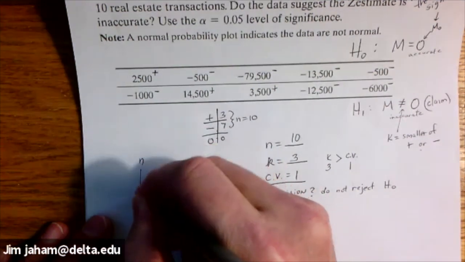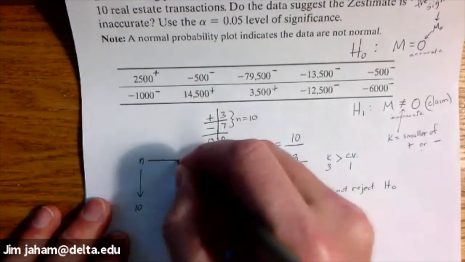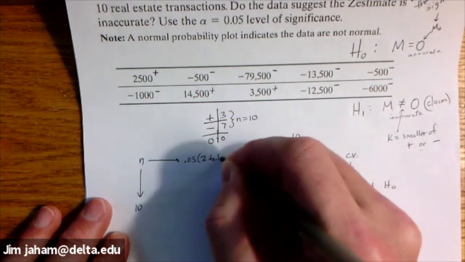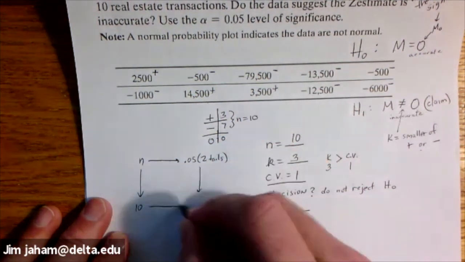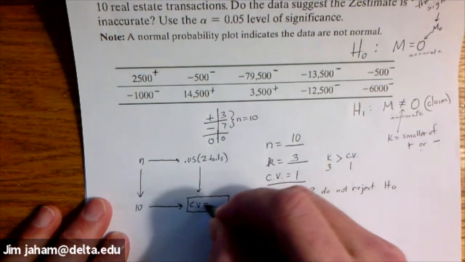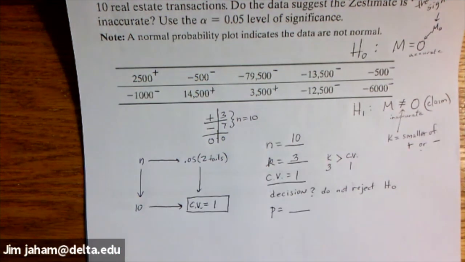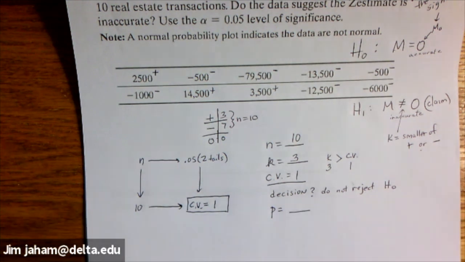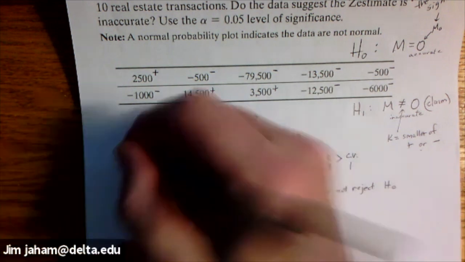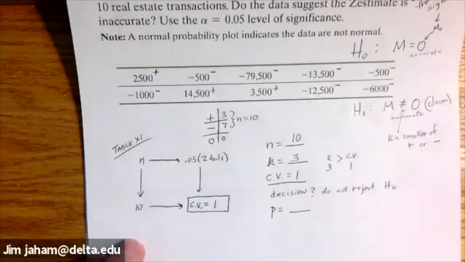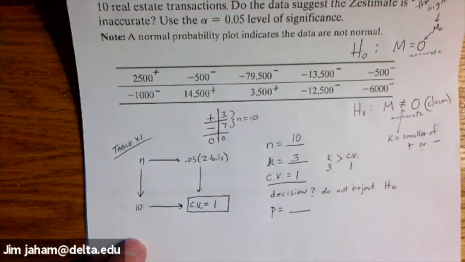So n is 10, alpha is 0.05, two tails. Go down and over, and you get critical value equals 1. It's from table XI.